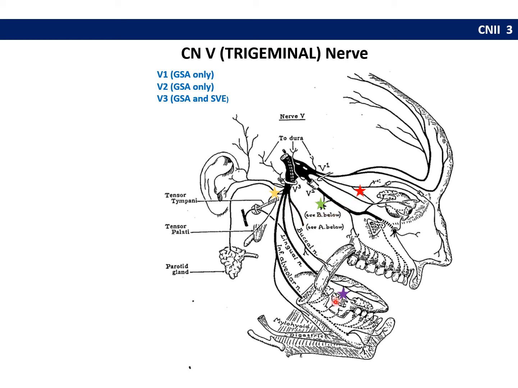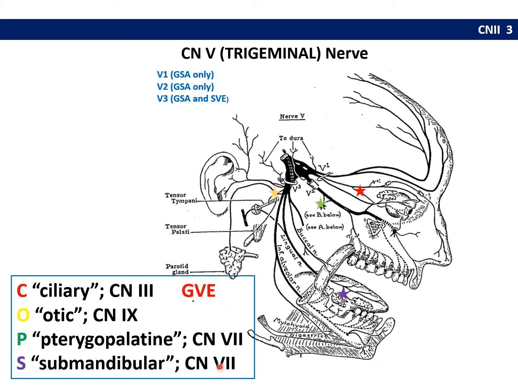Those are parasympathetic ganglia where the GVE, general visceral efferent, preganglionic parasympathetic fibers extend or go to these 4 ganglia. There they synapse, and then postganglionic parasympathetics from cranial nerve 3, cranial nerve 9, and 7, then get distributed to their targets, again via the branches of the trigeminal nerve.